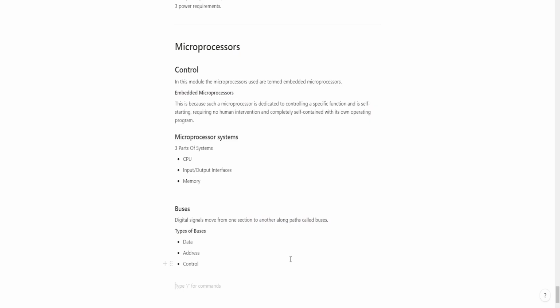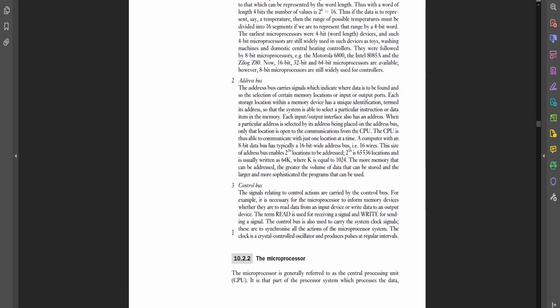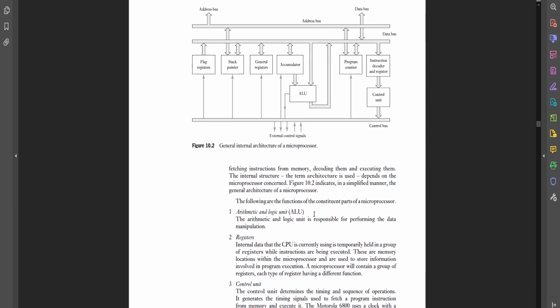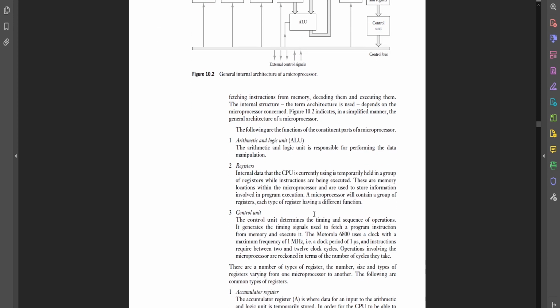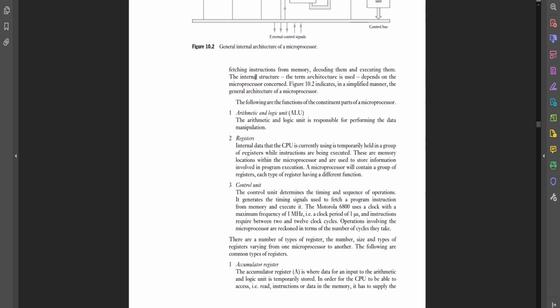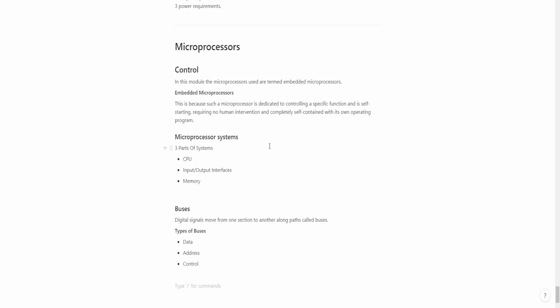And we've got the microprocessor. The microprocessor is referred to as the central processing unit, CPU, and just what it's made up of. I know this already because I studied this in first year, so I probably don't need to go into it.